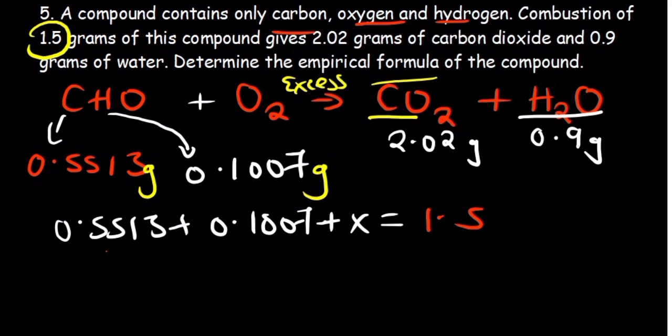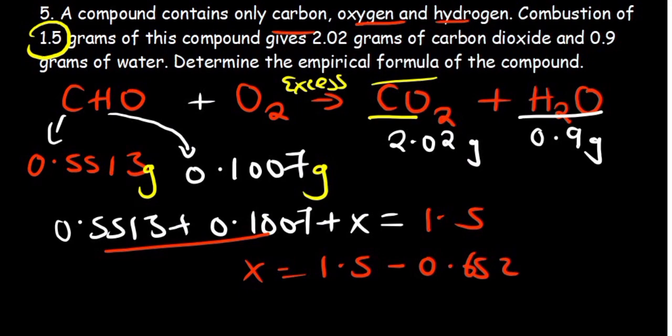So if we add the two, 0.5513 plus 0.1007, and subtract that from the 1.5. So 1.5 minus 0.652. I'm getting a mass of 0.848.